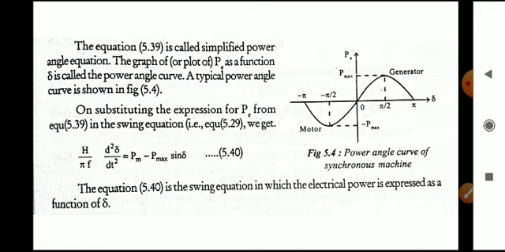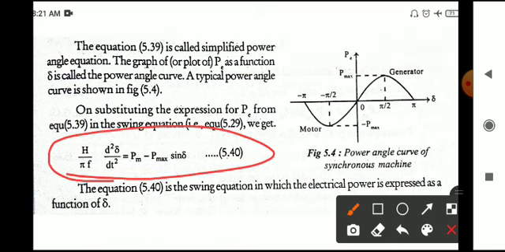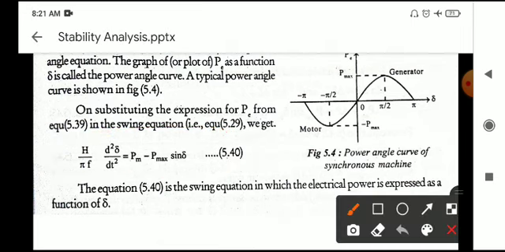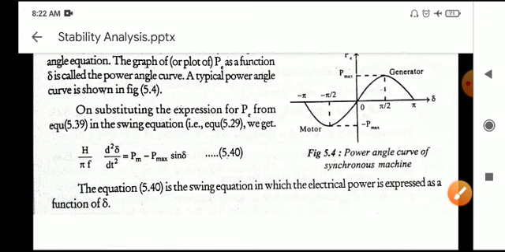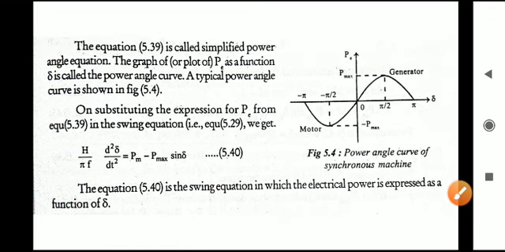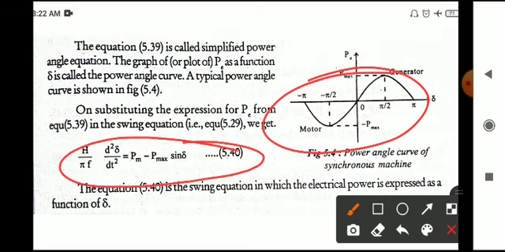So the swing equation becomes H by pi f into d square delta by dt square equal to Pm minus P max into sine delta. Instead of Pe, we substitute P max sine delta in the swing equation. This is the swing equation expressed as a function of the angle delta.